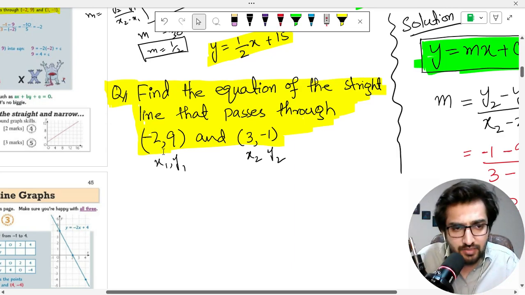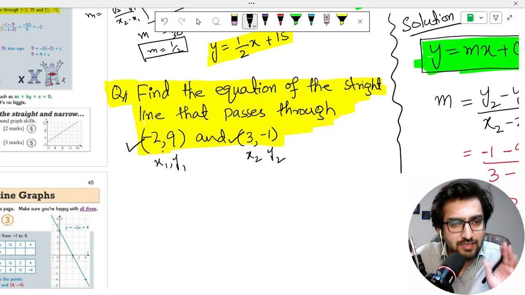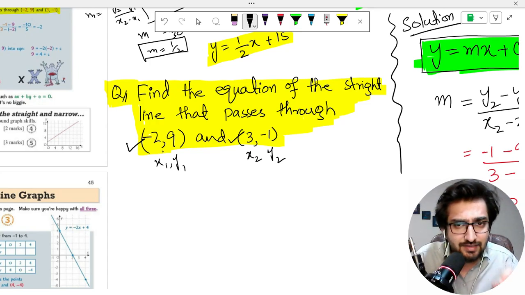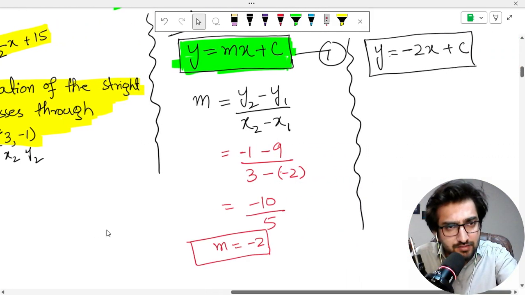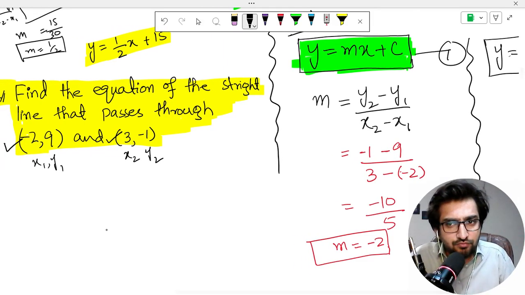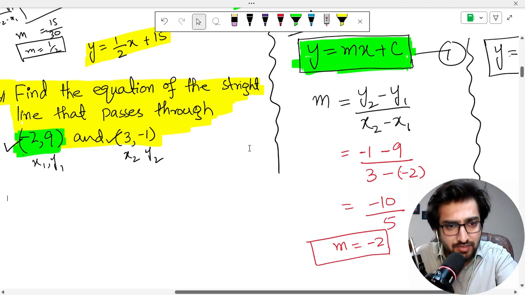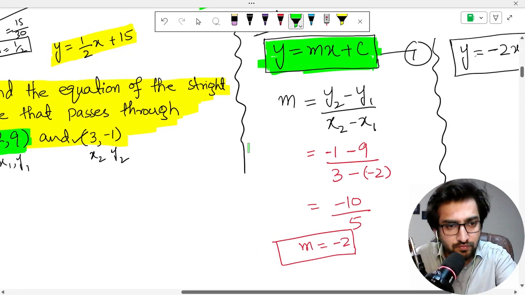Since there is no graph given with this question, all we are given is our 2 points, point number 1 and point number 2, and that's it. There is nothing given about c, y-intercept. So there would be a method. What we need to do, we will take a point, any of them. Let me take this point, and I will substitute that point in this equation in order to find out the value of c.